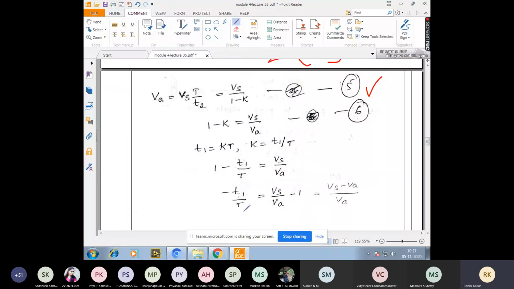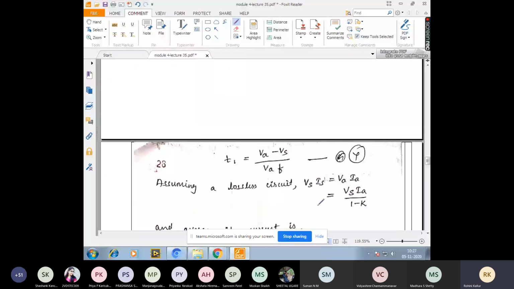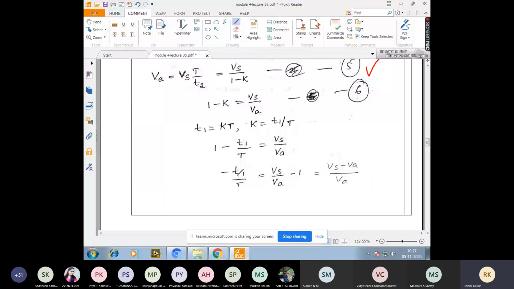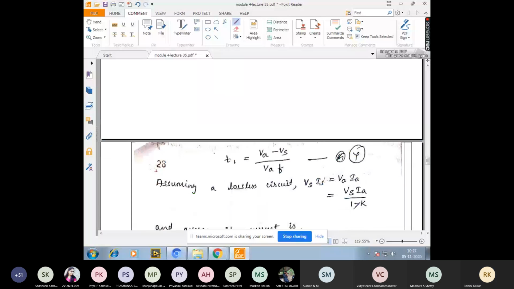Then I have minus T1 divided by T. Take the LCM. So it is Vs minus VA. Here it was minus T1 divided by T into Vs minus VA divided by T. So here the T is sent to the other side.